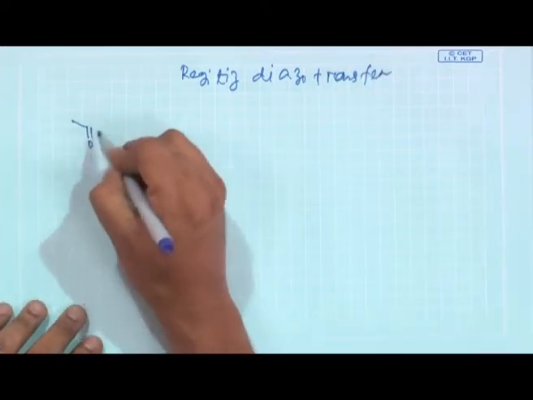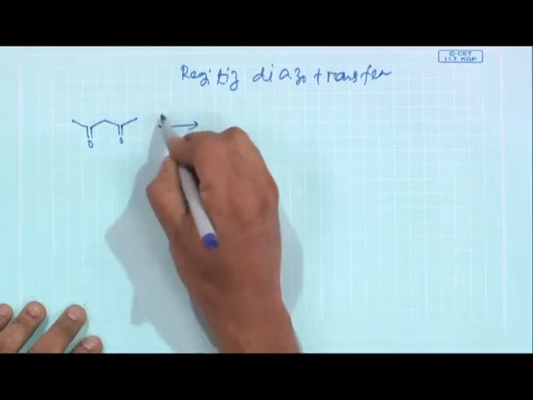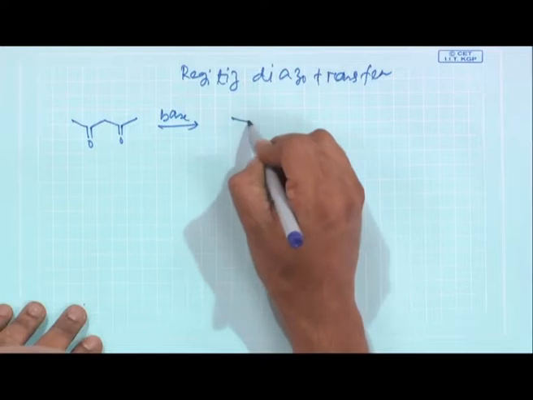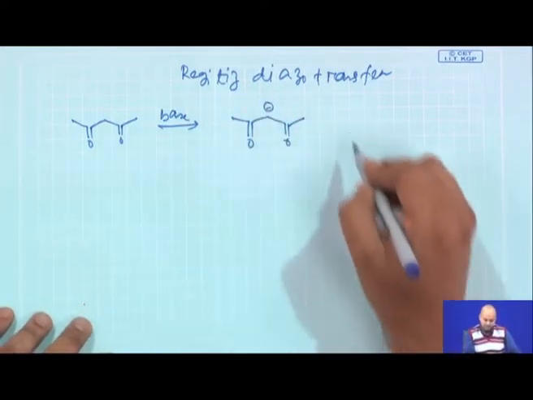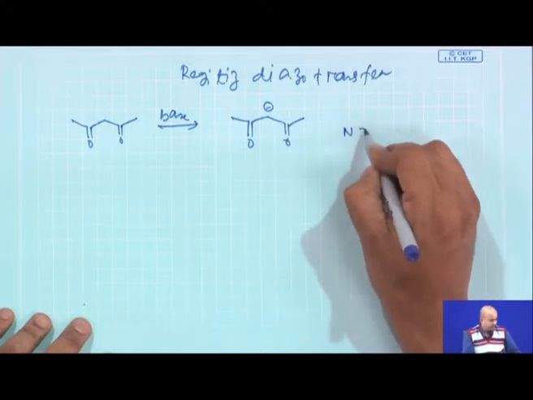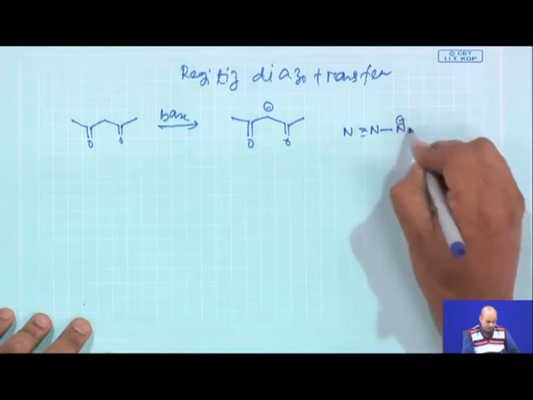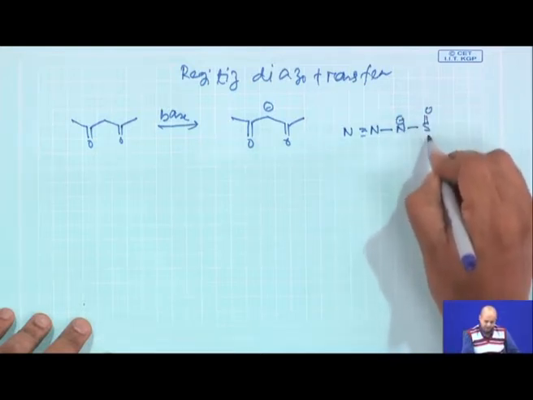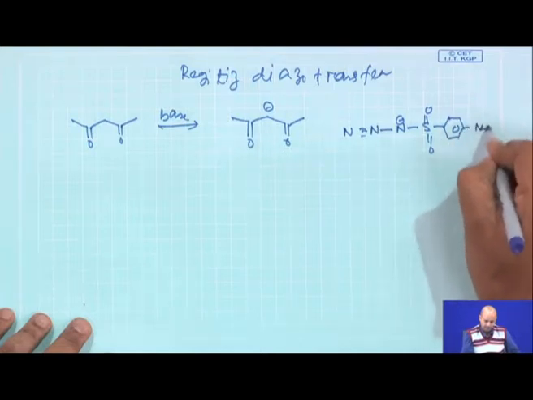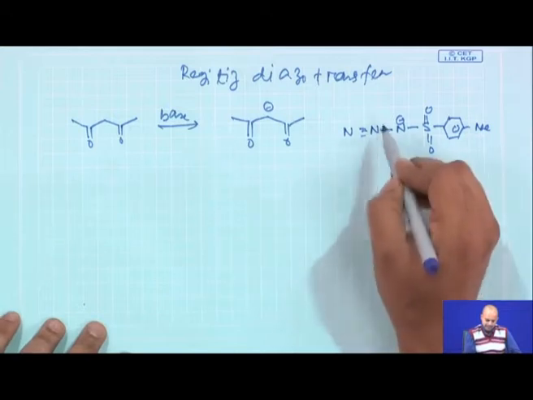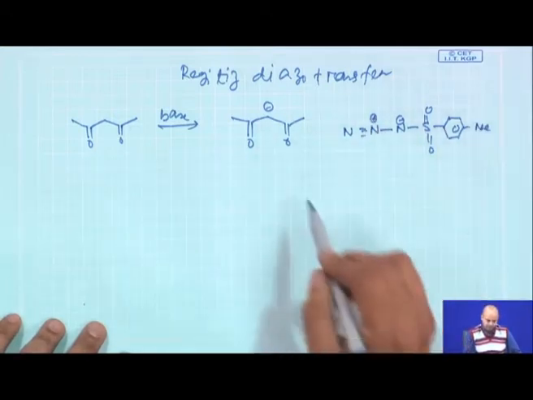If you have the corresponding diketone, you react with a base first, any base, that basically gives you a carbanion, and then you react with tosyl azide. The tosyl azide structure is a tosyl group attached to the azide functionality, and its azide resonance structure you can write in a different way.